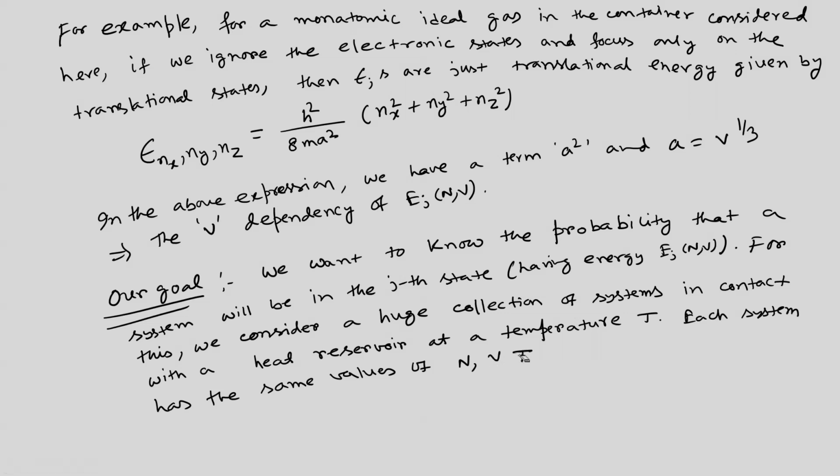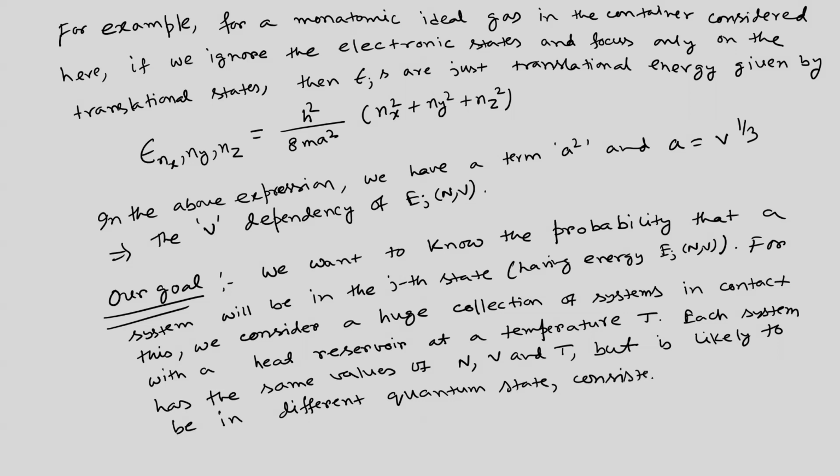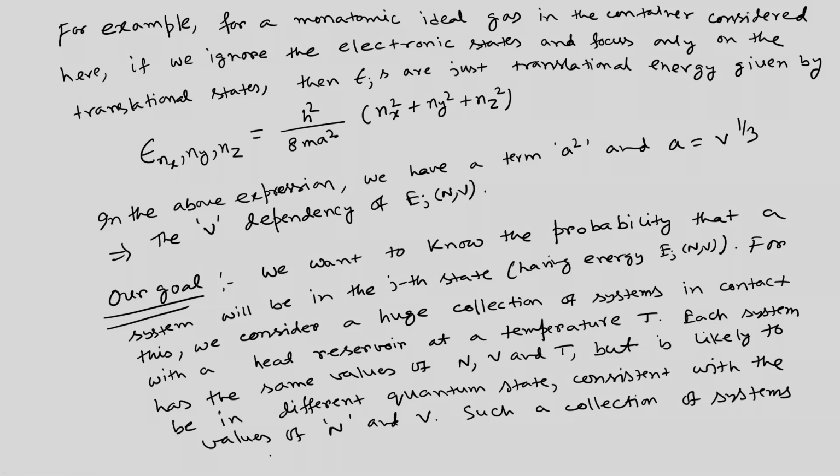But each is likely to be in a different quantum state consistent with the values of N and V. Okay, such a collection of systems is called an ensemble.